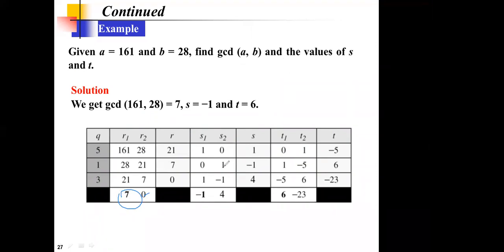You see that GCD is equal to 7 and this is my S and this is my T. S1 is equal to S and T1 is equal to T. ঠিক আছে? Any question?